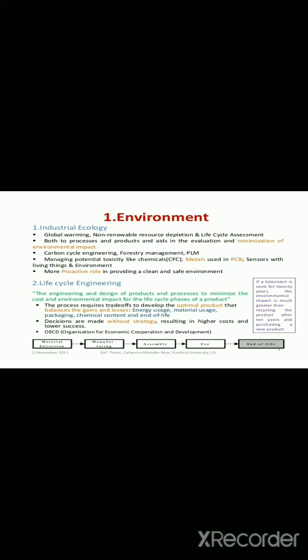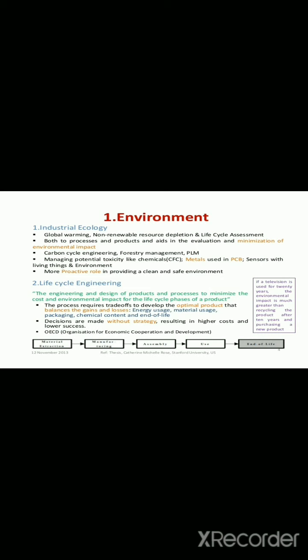Next step is environment related in industrial ecology: global warming, non renewable resources depletion, and life cycle assessment. These are the industrial ecology points, applied both to processes and products, and they aid in the evaluation and minimization of environmental impact.